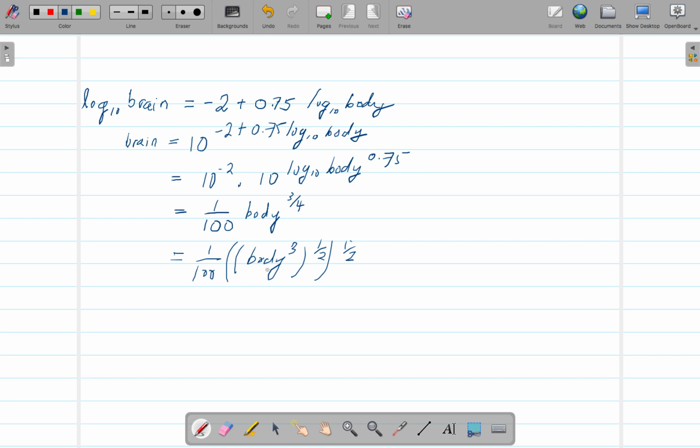You could actually take your body mass in order to predict the brain mass of a vertebrate. You take the body mass, you take the cube of the body mass, and you take the square root once, and then you square root it another time, and then you divide by 100. Okay, so this gives a very simple rule to make predictions about the brain mass given the body mass, right?